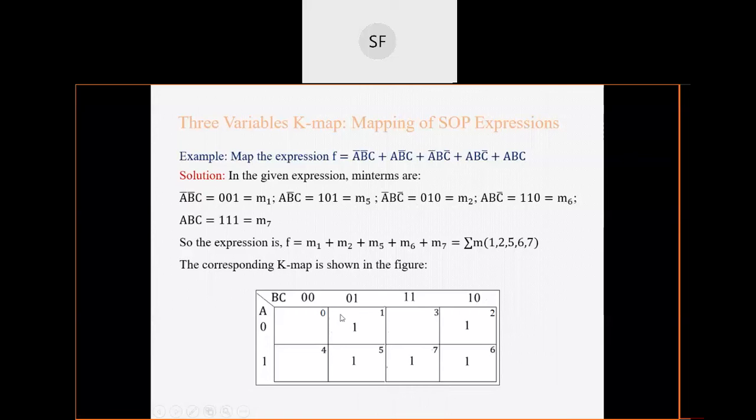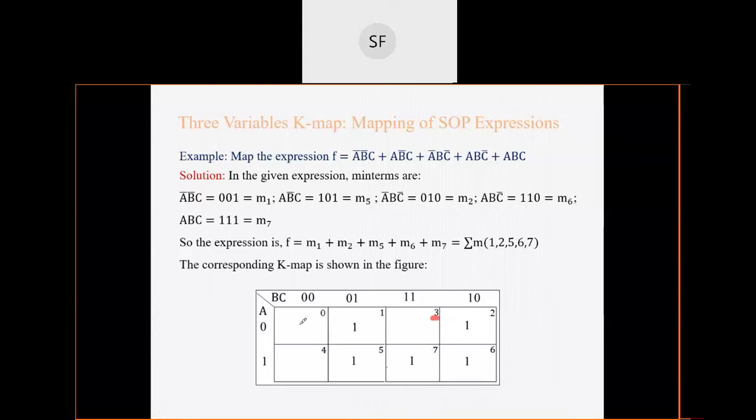Okay. So these cells show minterms. You can observe at the upper corner you can write 0, 1, 3, 2. Now where does this 3 come from?